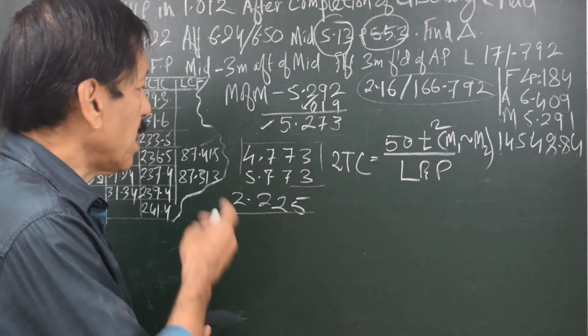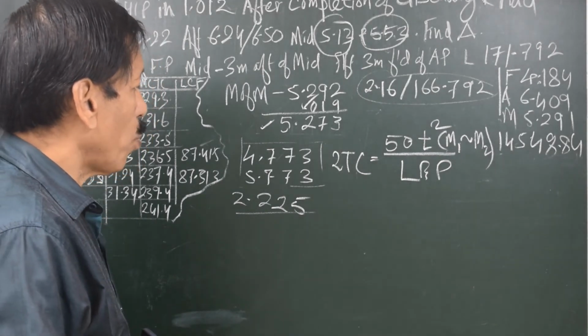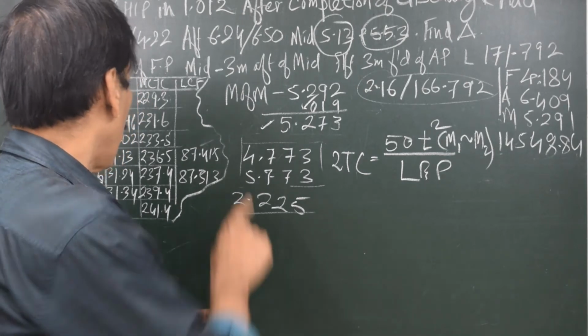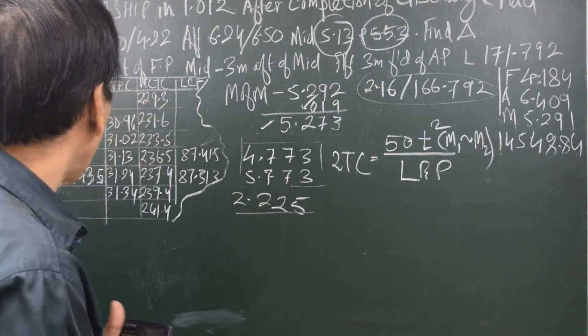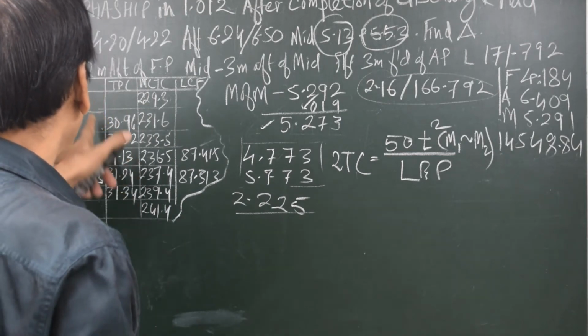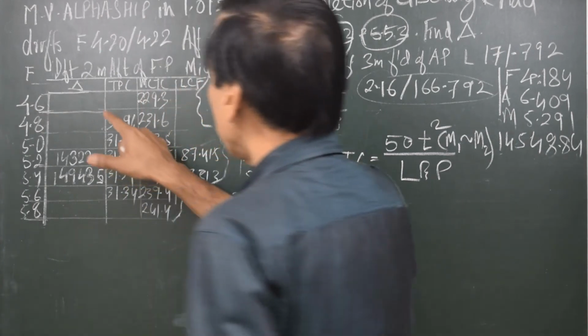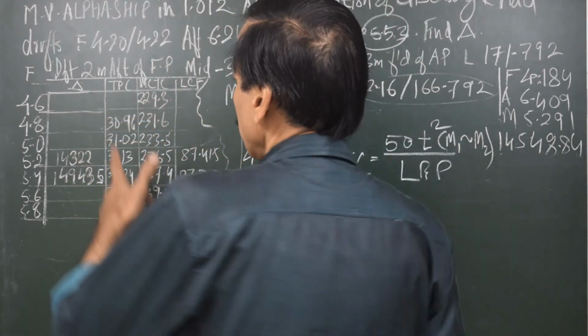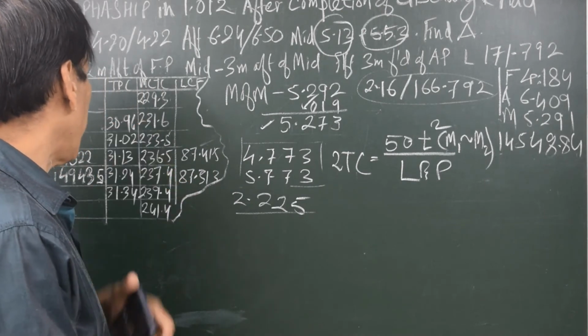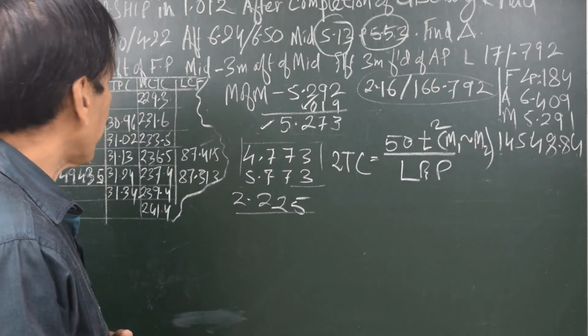The MCTCs can be seen for these drafts, that is 4.773 and 5.773. So for finding out MCTC for 4.773, I would interpolate between 4.6 and 4.8 over here. The MCTC for 4.6 is 229.3, for 4.8 is 231.6, right?